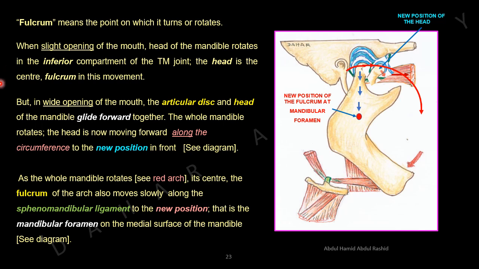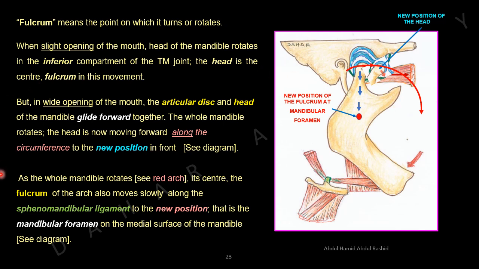But in wide opening of the mouth, the articular disc and head of the mandible glide forward together. The whole mandible rotates. The head is now moving forward along the circumference to the new position in front. Originally from here, it moves now forward as the whole mandible rotates.